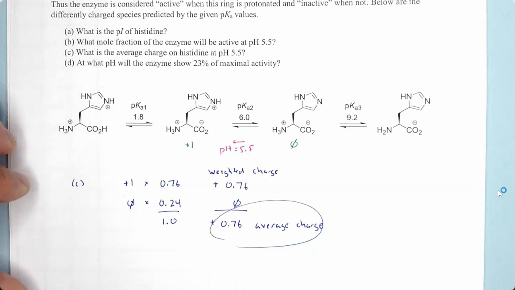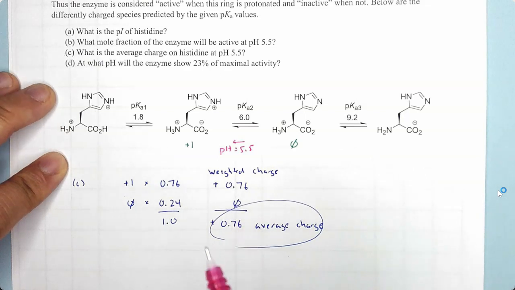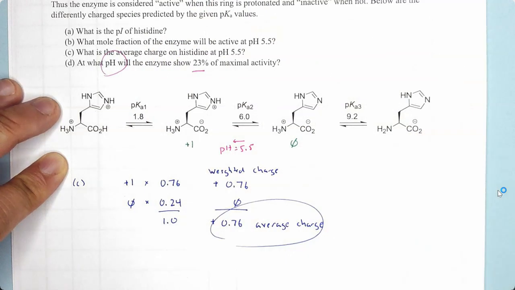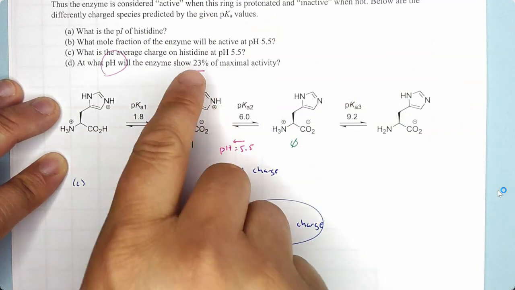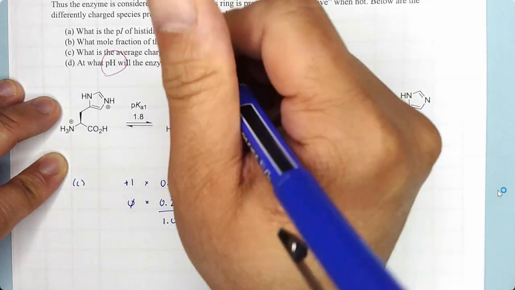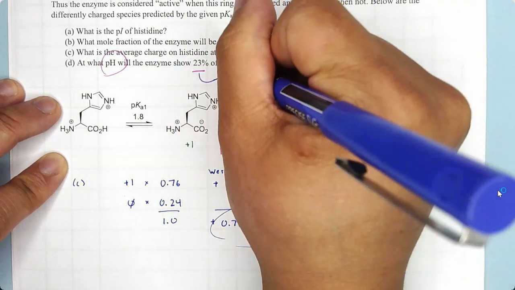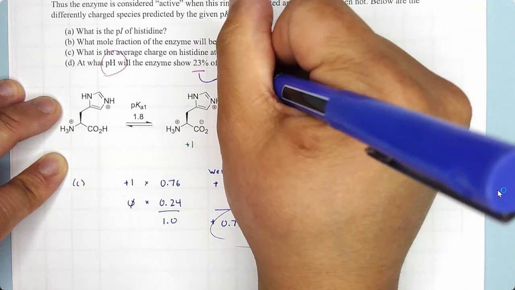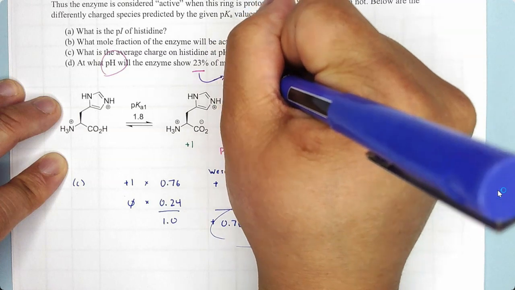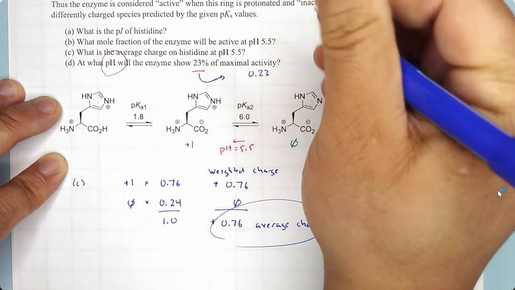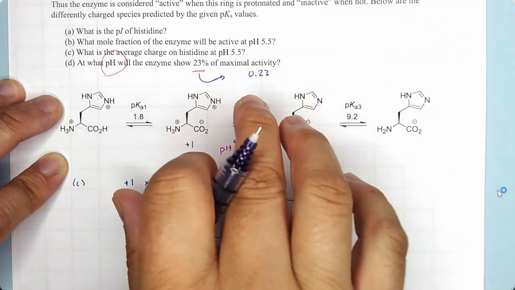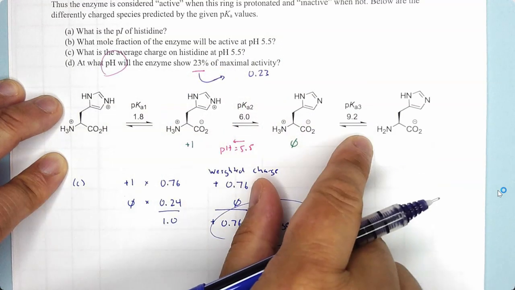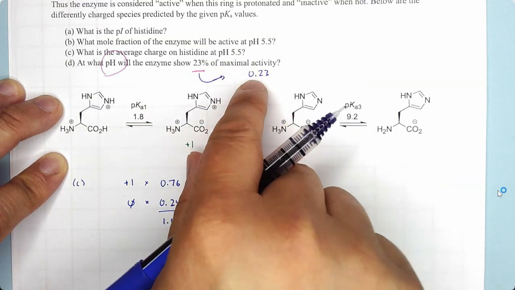The last part where we have to figure out the pH, where we have 23% maximal activity, we've got to interpret this correctly. What that means is that if you're looking at the mole fraction, you have 23%, which is the same as 0.23 in decimal form.